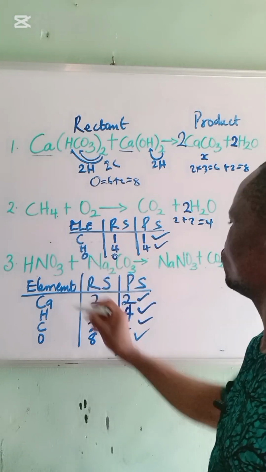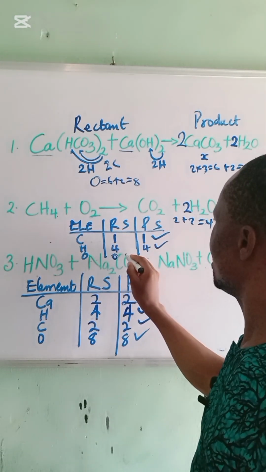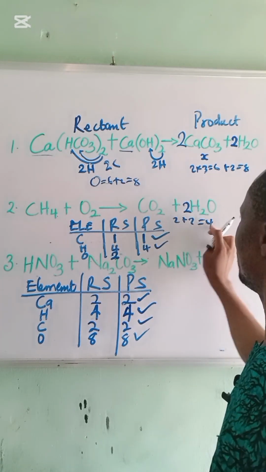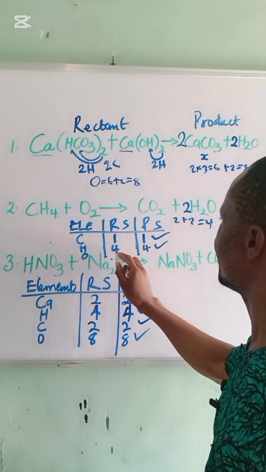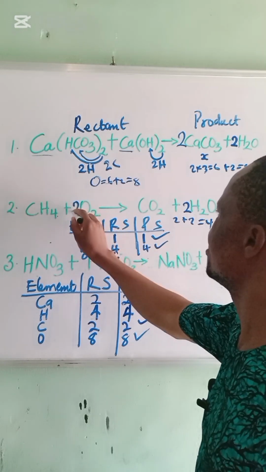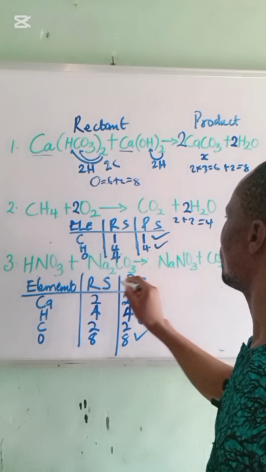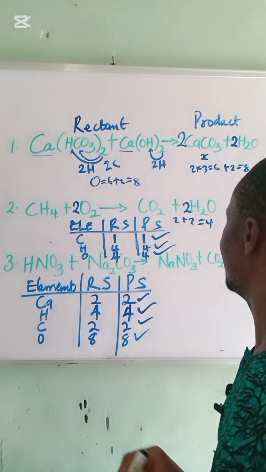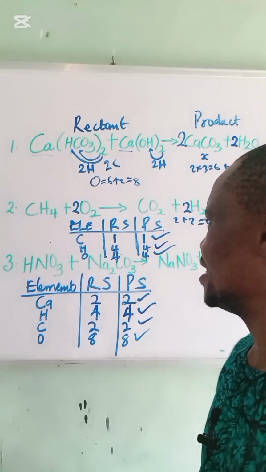So we have 2 at this point and we have 4 at this point. So we just have to add 2 here. 2 times 2 is 4. So 4 and 4. So oxygen is also balanced. So the equation is balanced, right?